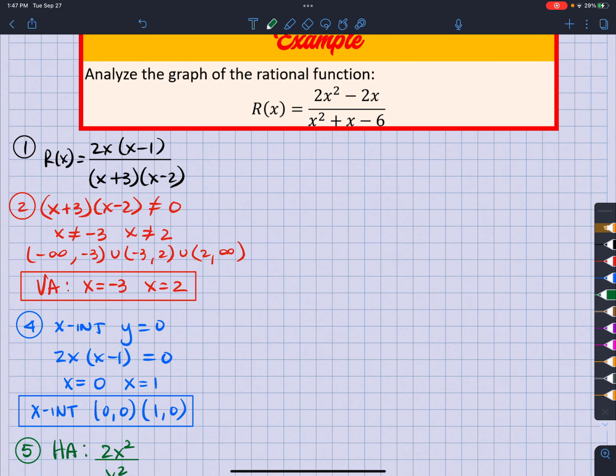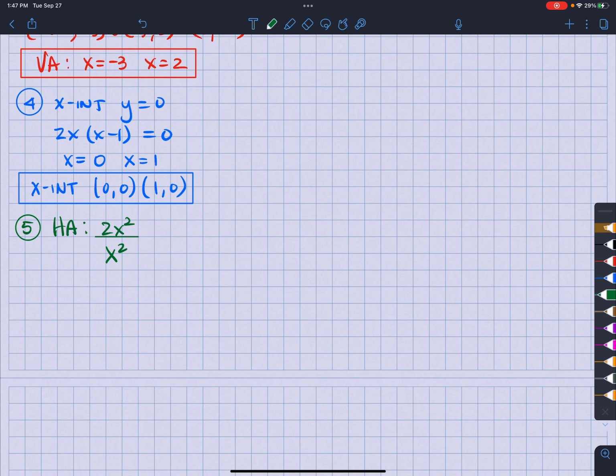Those are the two largest power terms. Since 2 is equal to 2, my horizontal asymptote is going to be located at y equals the ratio of 2 over 1, which is just 2.